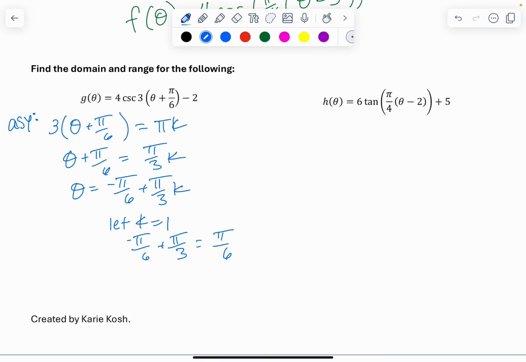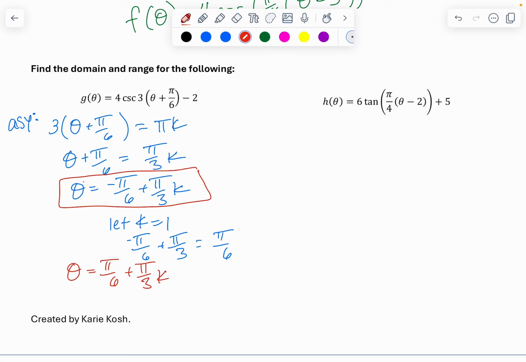And one of my students in IB and HL noticed today, because I taught this in IB, that she asked me, well, do I have to write it this way, the asymptotes, or can I use this? And I said, oh, sure. They end up generating the same set of not just pi over 6, but you could also say theta is equal to positive pi over 6 plus pi over 3k, and that would generate the same set of values either way.